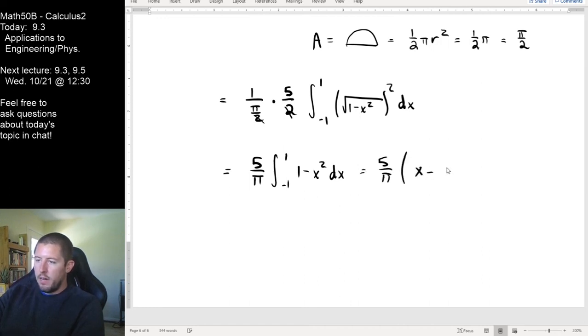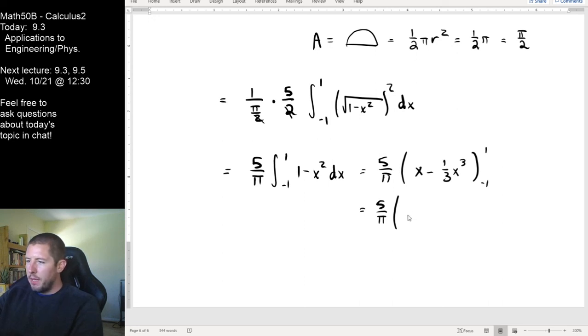We're going to get an x minus 1/3 x cubed from -1 to 1. And I'm going to be getting here 1 minus 1/3 minus -1 plus 1/3.